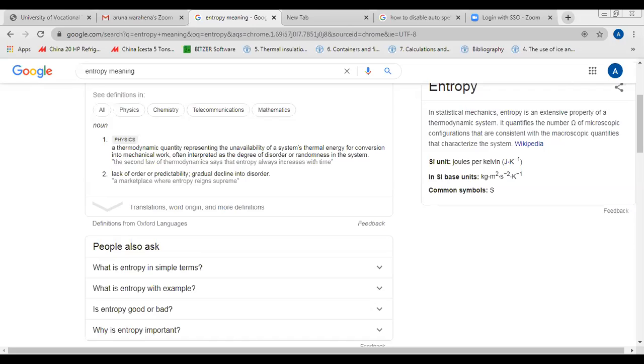So this is the entropy in physics. Entropy meaning in physics, the pure definition.